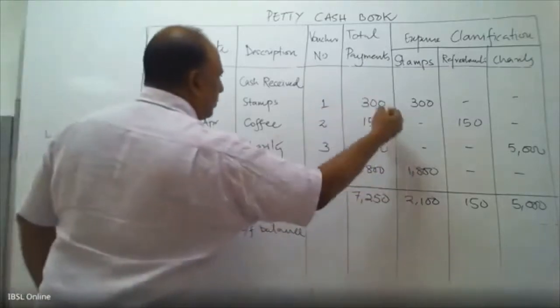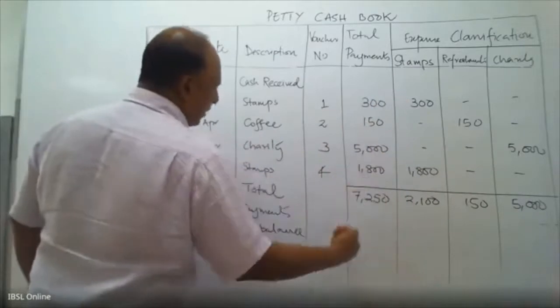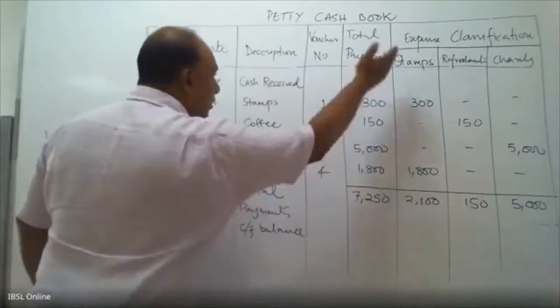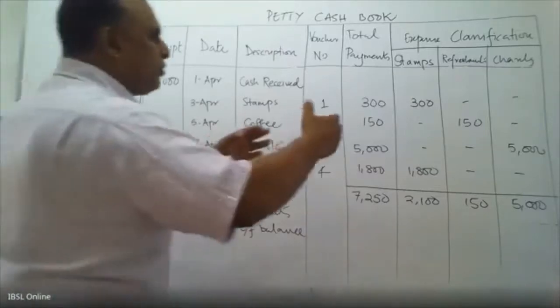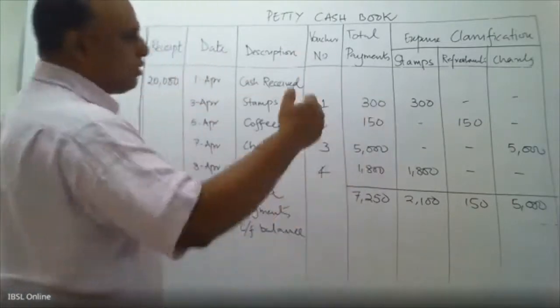Now, when you have a similar kind of transaction happening over and over again in the month, you have to group them accordingly. So when you have refreshments, you might have tea, coffee, or pastries. You shouldn't be preparing one column for tea, one column for coffee.